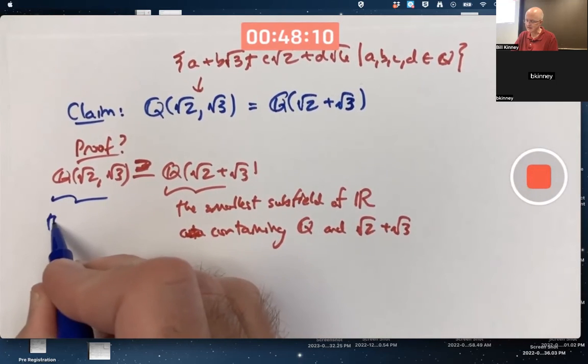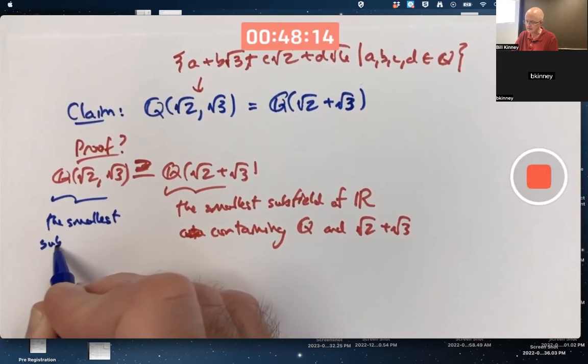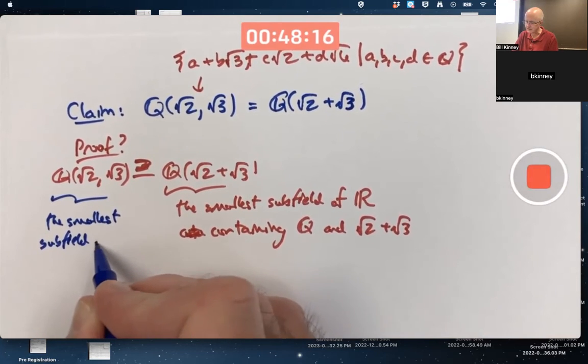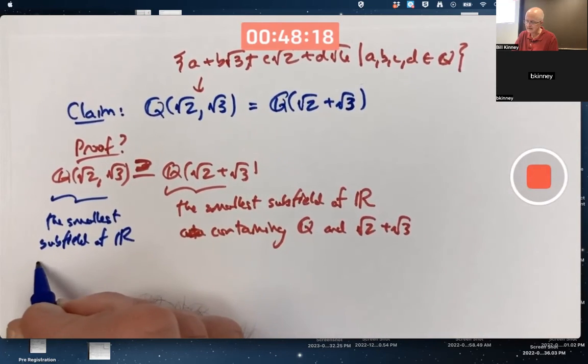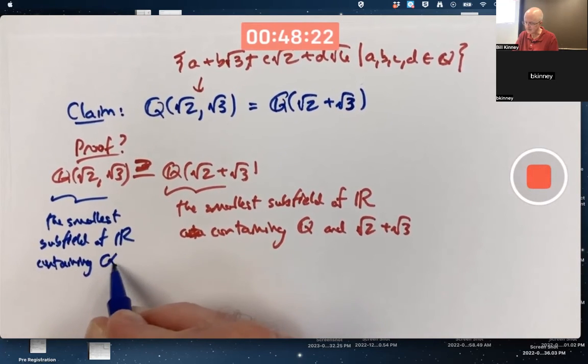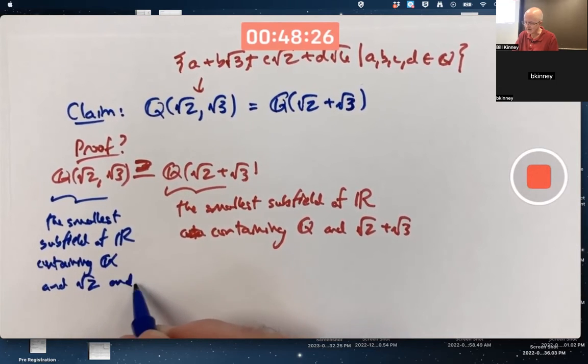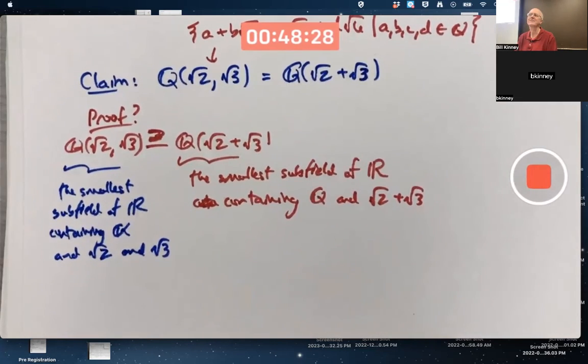This is the smallest subfield of the reals containing all the rationals and square root of 2 and square root of 3. All right, here's the punchline though.